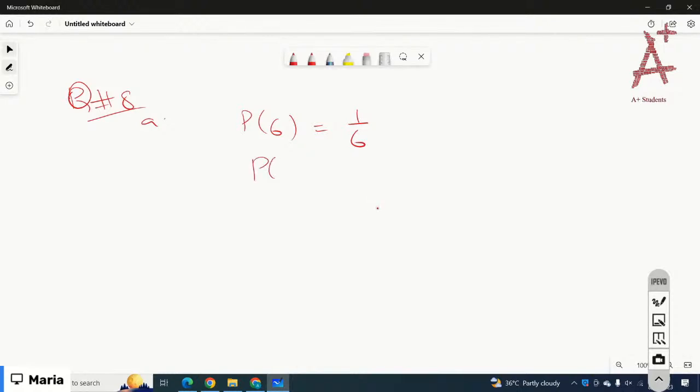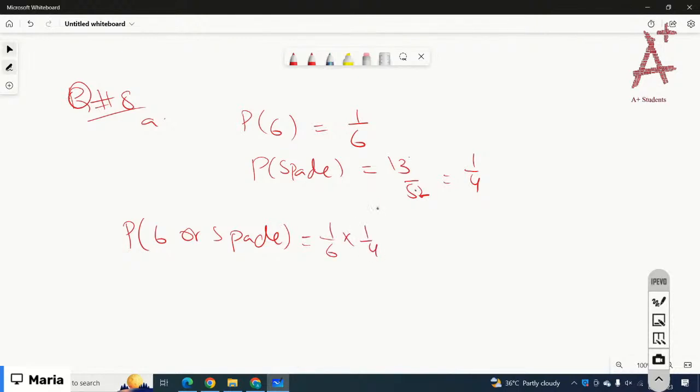Then the probability of spade is, you have 13 spade cards out of 52, right? It would be 1 over 4. The total cards in the deck is 52, and 13 of them are spades, so it would be 13 over 52, right? So they are 1 over 6 times 1 over 4, that is 1 over 24, right?